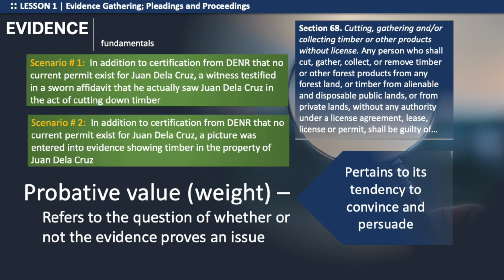The act here is gathering, so there is a positive act of actually gathering, right? But the evidence that we have really is just a picture of timber that's stockpiled in Juan de la Cruz's property. So does that prove an issue? Does that prove that Juan de la Cruz actually gathered?